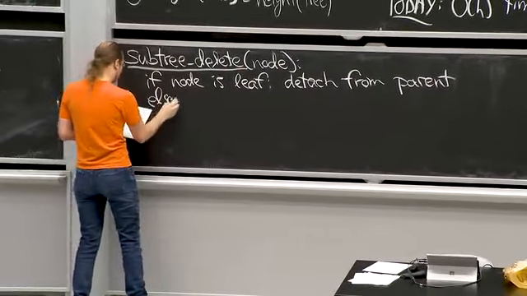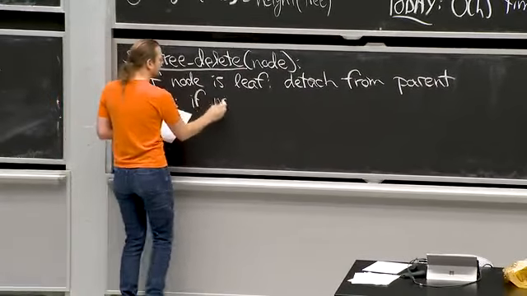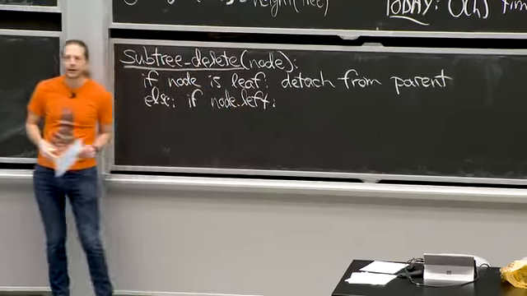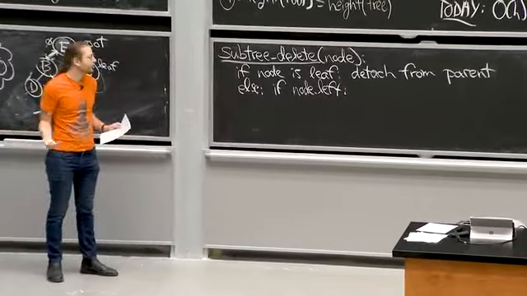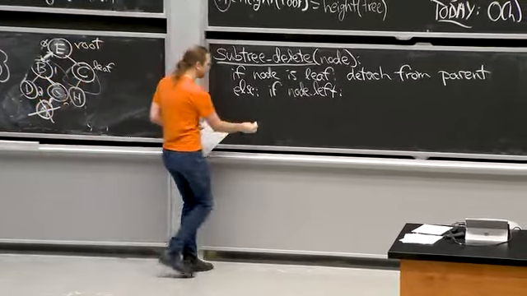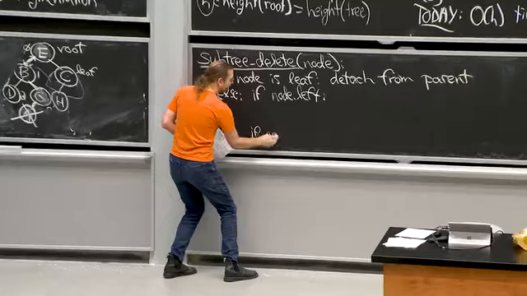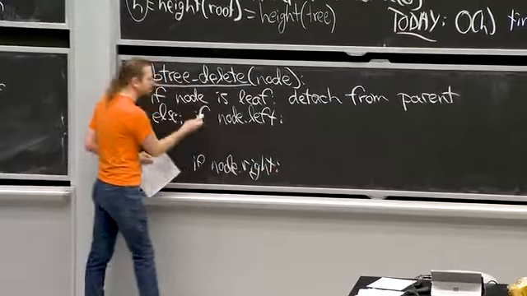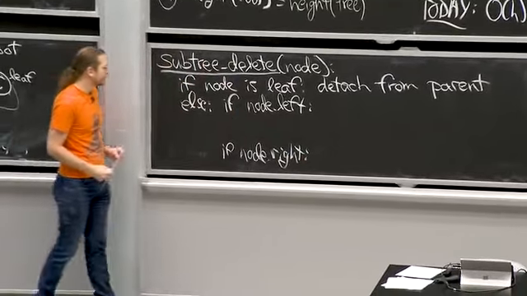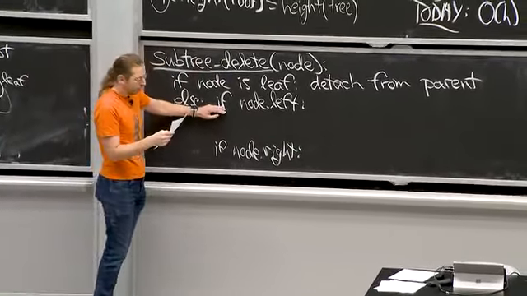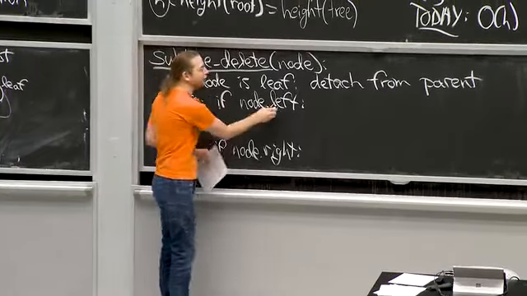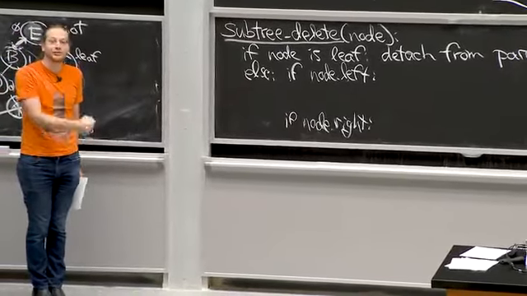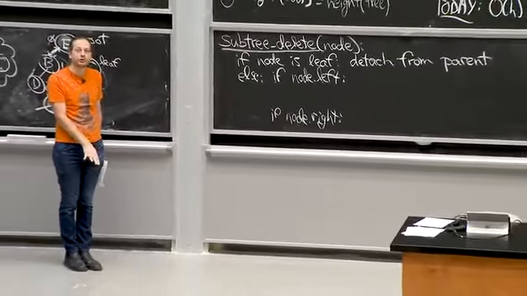Otherwise, there are two cases. If we're not a leaf, that means we have a left child or a right child or both. Both is going to be the easy case. But in general, I have either there's a left child or there's a right child. In either case, I'm going to be happy, so I don't need a both case. Okay, so if I have a left child, that guarantees to me that the node's predecessor is inside that left subtree, which means it's lower in the tree.